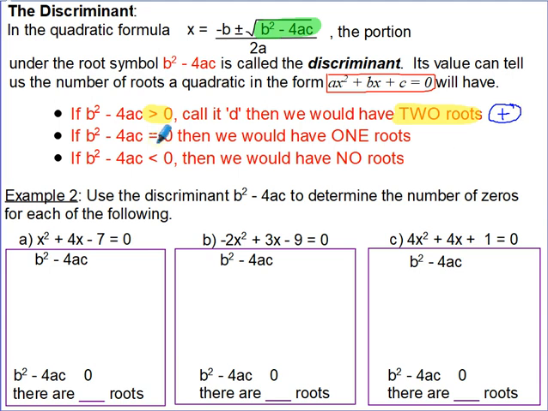If it equals 0, we're going to have just one root or one answer. And if the discriminant is less than 0, a negative outcome, then we have no solutions or no roots. Okay?